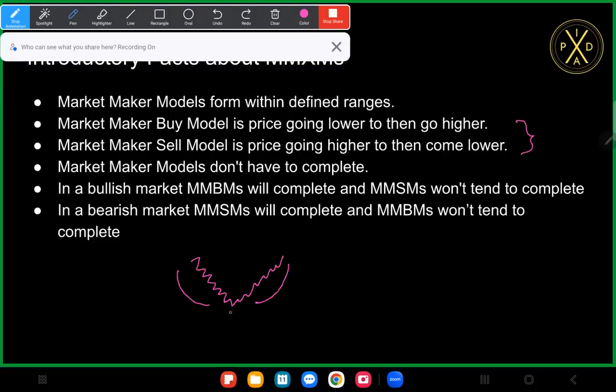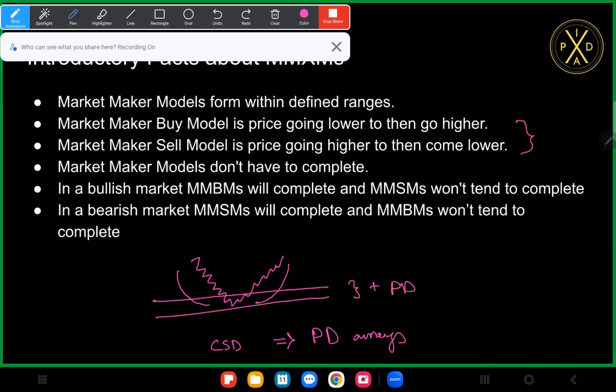So the reason that it changes over is because it changes its state of delivery. And if you guys are familiar with our other videos, we talk about how changes in the state of delivery only happen at PD arrays. So that means that when price is coming lower, it's just seeking a bullish PD array. And then once it satisfies that bullish PD array, it'll then turn around and then start going higher.